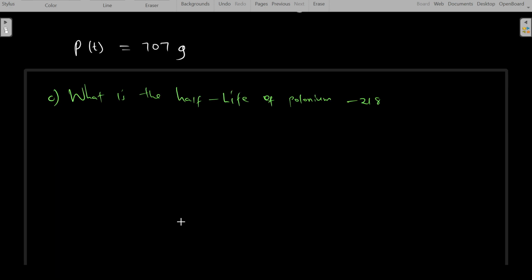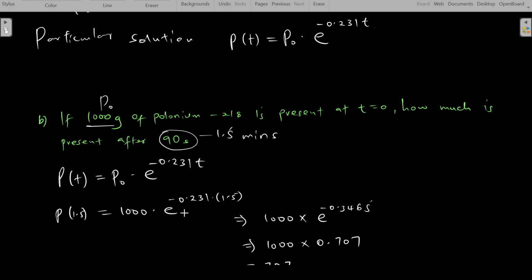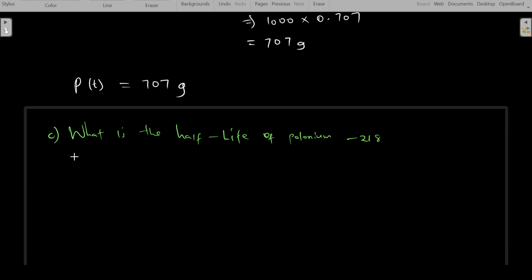Let's continue from that point. We are saying, what's the half-life? Once we have the particular solution, we'll just copy it: P of t equals my original amount multiplied by e raised to negative 0.231 t.